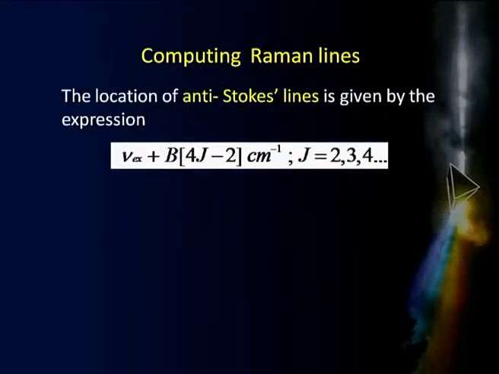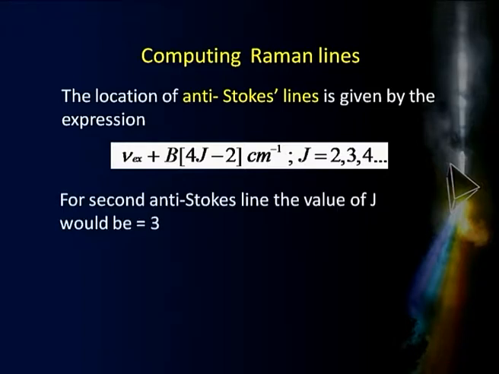The second thing we wanted to compute was the location of the second anti-Stokes line, and we know that the location of anti-Stokes lines is given by the following expression: nu excitation plus B times (4j minus 2), where j happens to be 2, 3, 4 and so on. Since we need to locate the second anti-Stokes line, the value of j will be 3, the first being from j equal to 2.